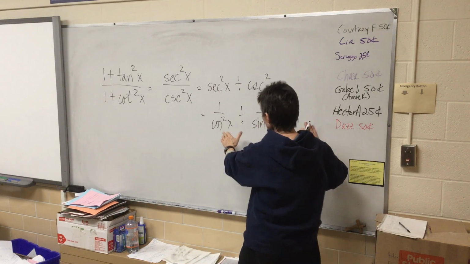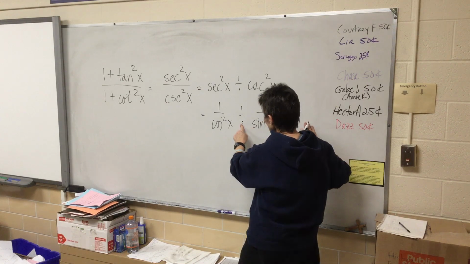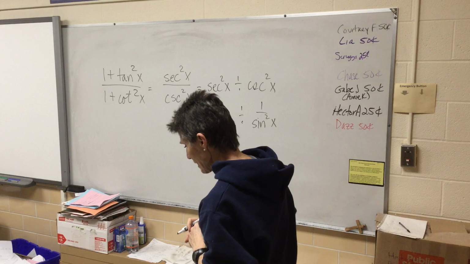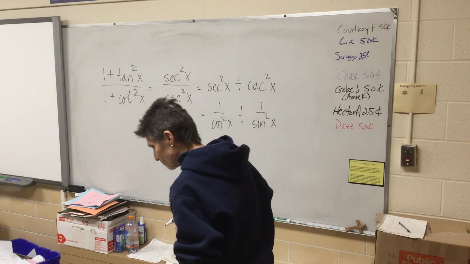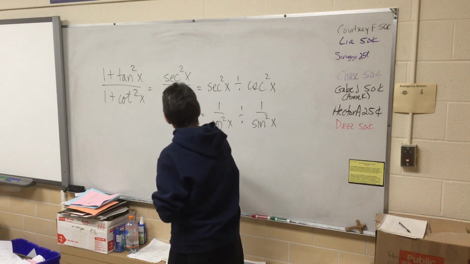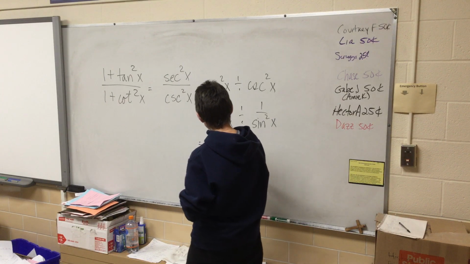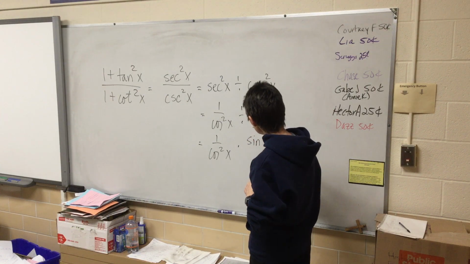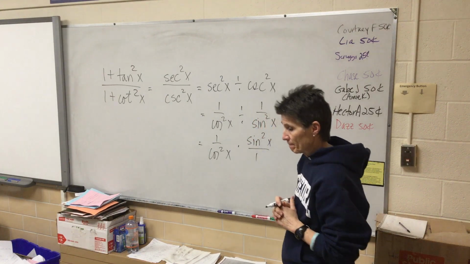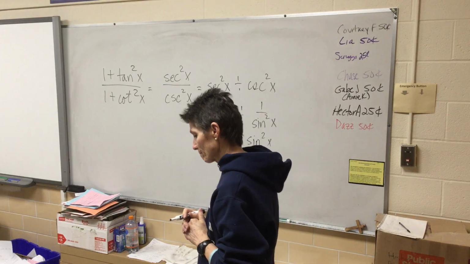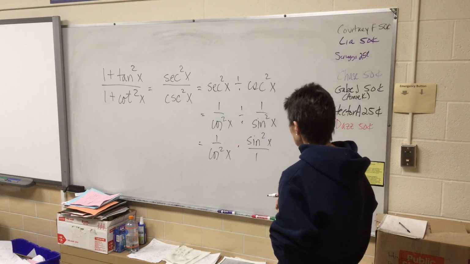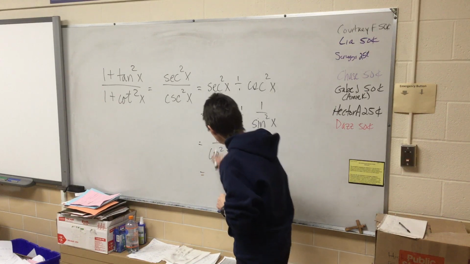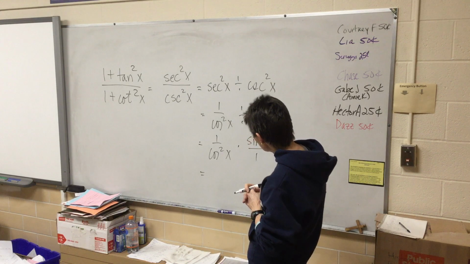Now I've got fractions being divided. What do I do when I have fractions being divided? Multiply by reciprocal. Exactly. So this is going to be 1 over cosine squared times sine squared over 1. Now nothing cancels, but I can multiply.